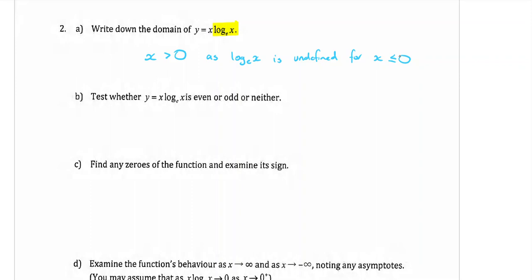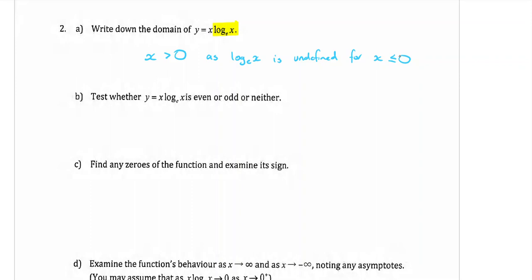Part B. Test whether y equals x log e of x is even or odd or neither. Okay, that's a bit of a trick question. What would we normally do to test if something is an odd or an even function? Sub in negative x.